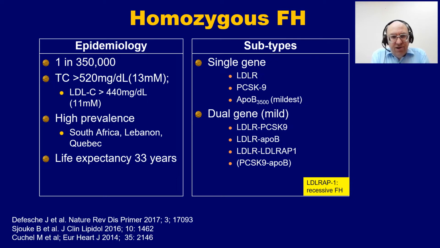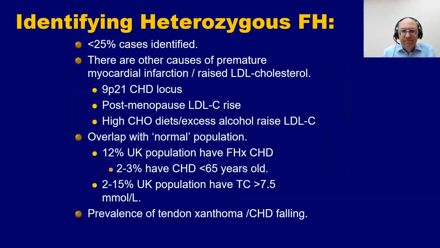It's got a restricted geographical prevalence due to often founder effects, such as in South Africa and Quebec, and is associated with a very low life expectancy of 33 years. There are various subtypes which are managed slightly differently because, as with all homozygous conditions, there is a wide variety of presentations, but on the whole, they tend to be severe.